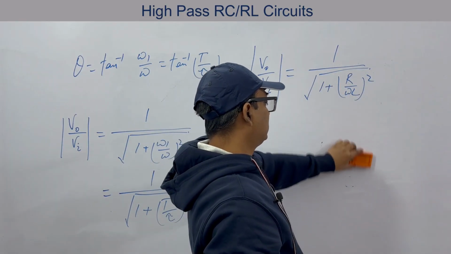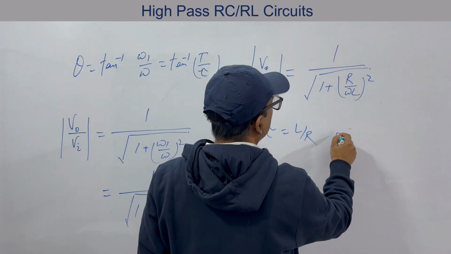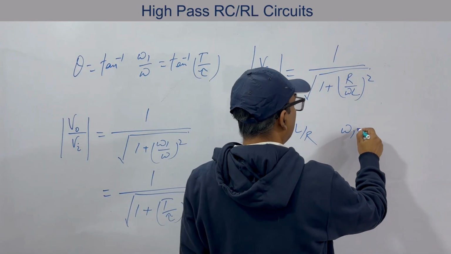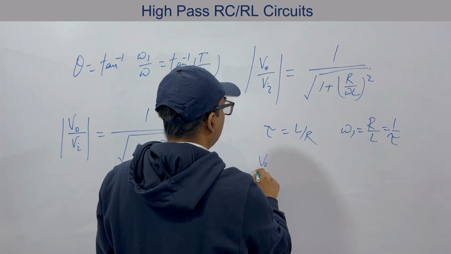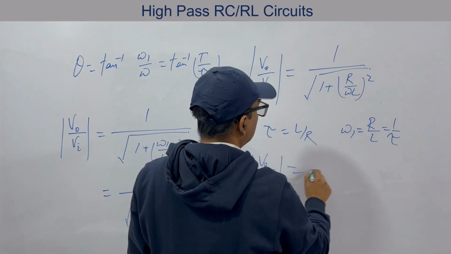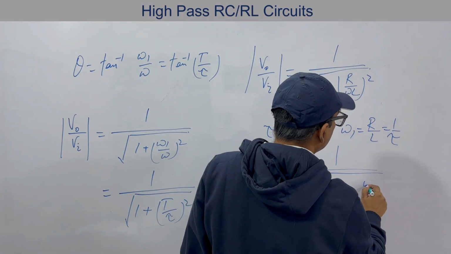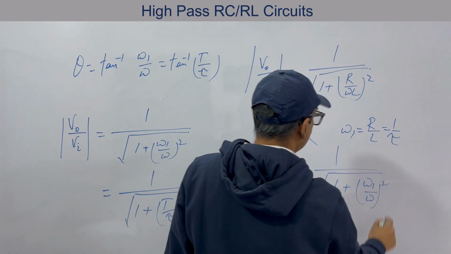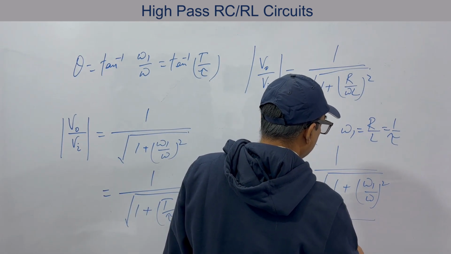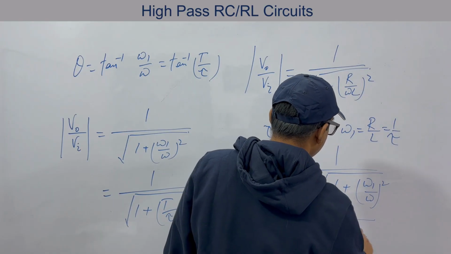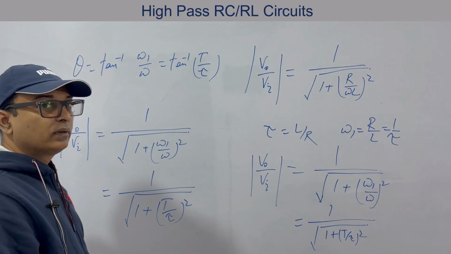But you know what is the time constant of RL circuit? Time constant is L by R. Therefore, if we take omega 1 equal to R by L, that is 1 by tau, what you can write? You can write V0 by Vi is, the expression will now be same as that of RC circuit, that is 1 by root over 1 plus omega 1 by omega square, or in terms of time you can say 1 plus t by tau square. Okay, and theta is same, tan inverse omega 1 by omega, tan inverse t by tau. Clear?